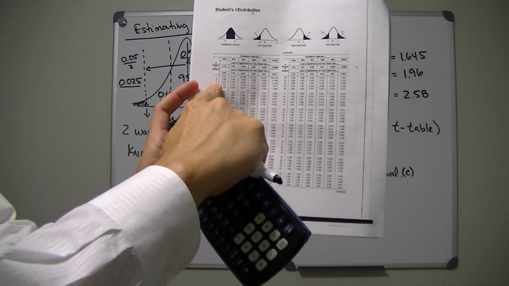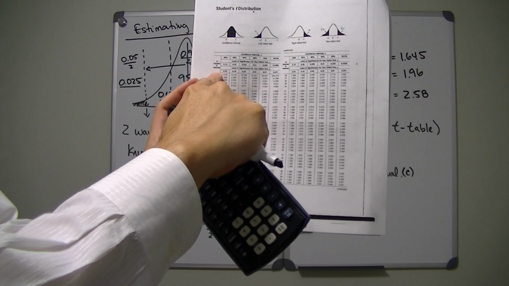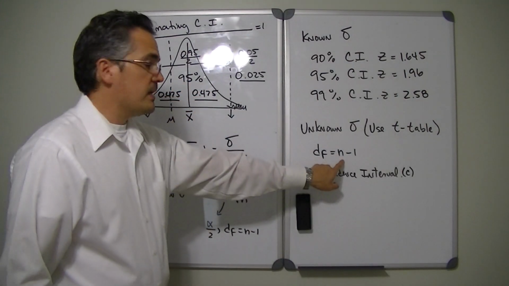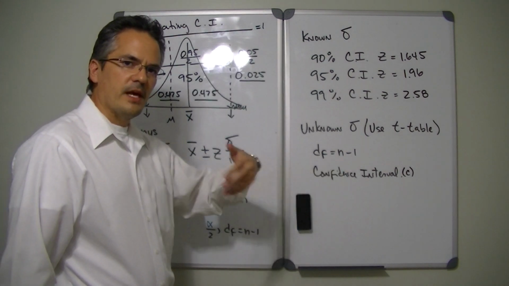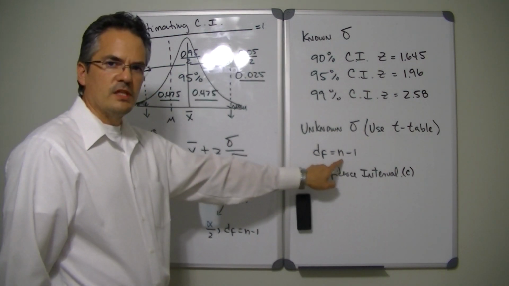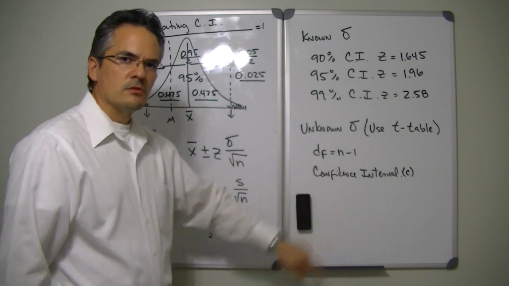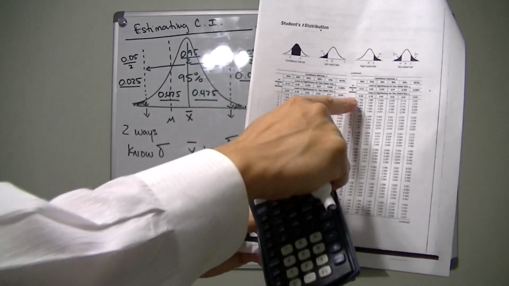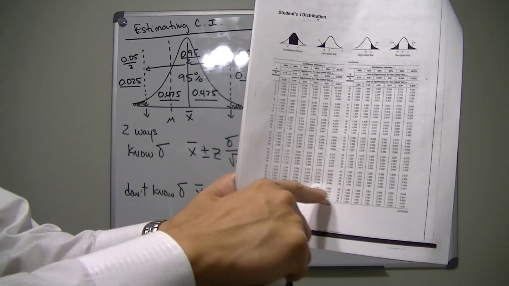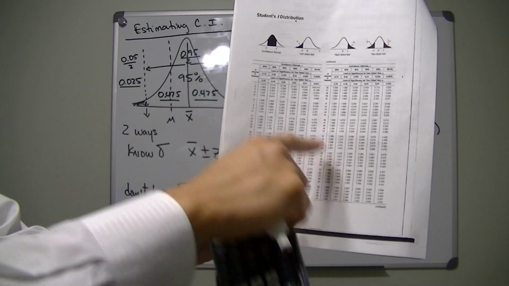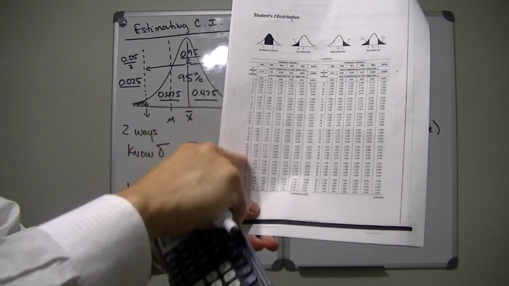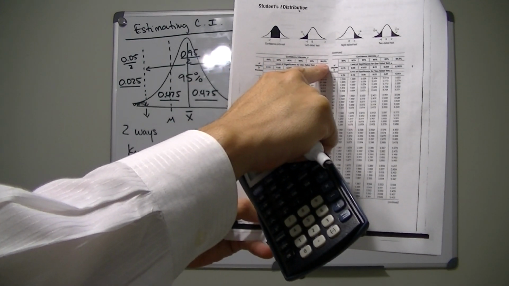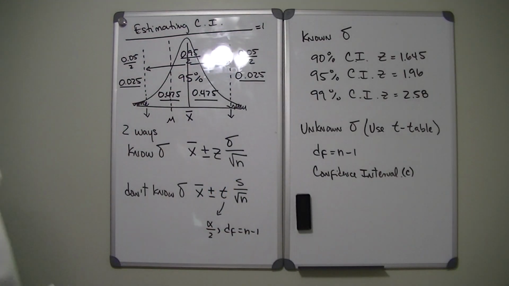And on the side, we look for degrees of freedom. Now, the degrees of freedom is equal to n minus 1. So they have to give you an n, and then you take n minus 1 to find your degrees of freedom on the table, and then you find the value inside the table when you have your degrees of freedom and your confidence interval size at the top.